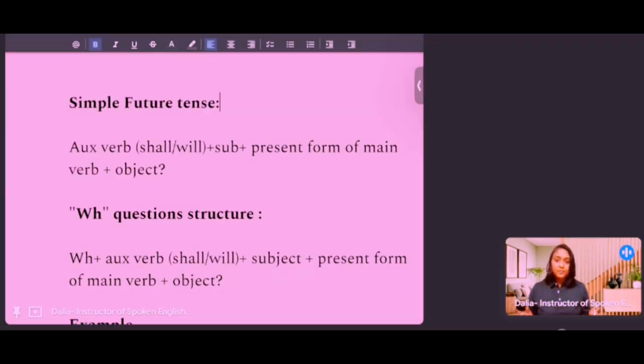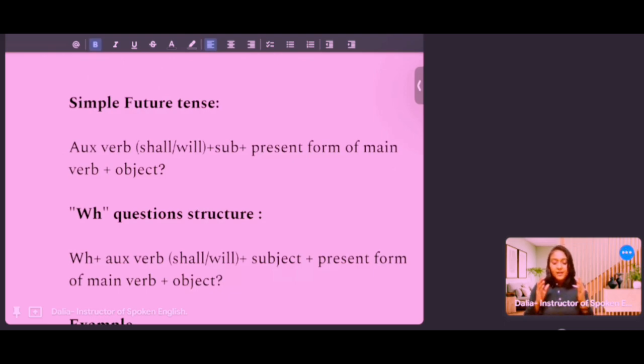Okay, let me start with simple future tense. As we all know, simple future tense means the action that will happen in the future time, and it's pretty easy for everyone to understand. So it's not really important to discuss here, because I'm going to work on how to make WH questions. Just look at the first sentence structure I have written here. This is the general structure of an interrogative sentence of simple future tense.